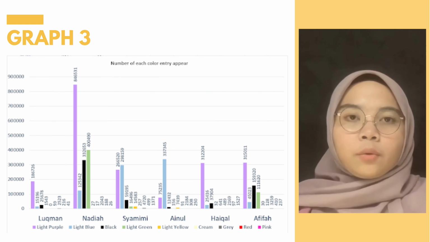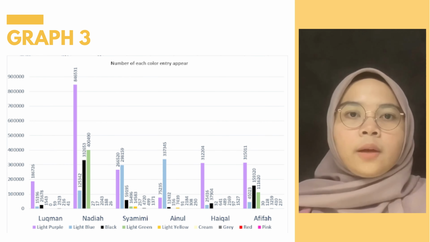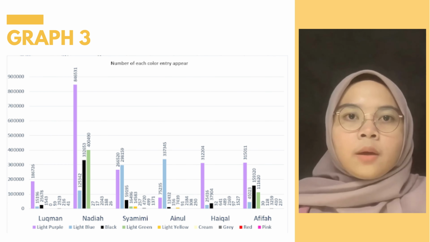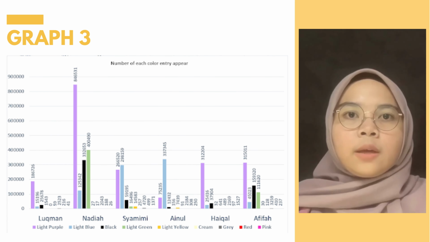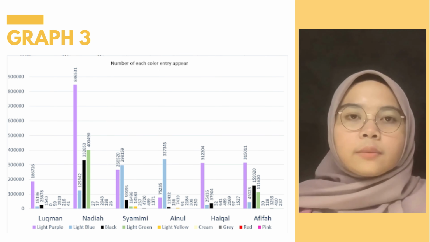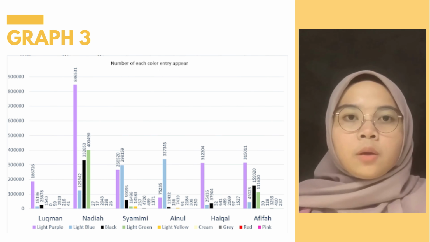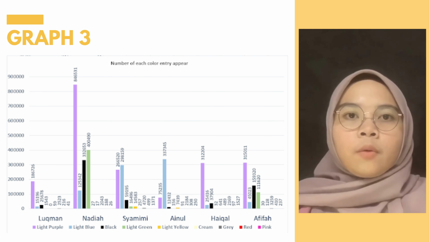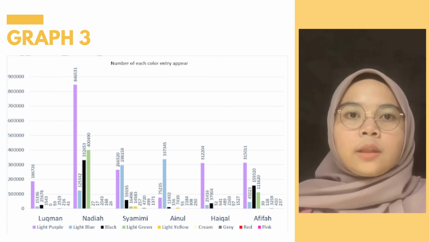Next, light yellow. Shamimi gets the highest with the value 14,583, and the lowest is Lukman with 0 value. Next, for cream, the highest value in this graph is 489, which is Haikal, and the lowest is 17, Nadia. For grey, the highest is Shamimi, with the value 4,720. The lowest is Nadia, with value 2,043.